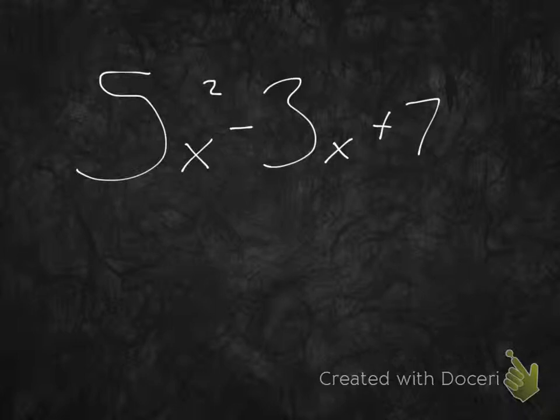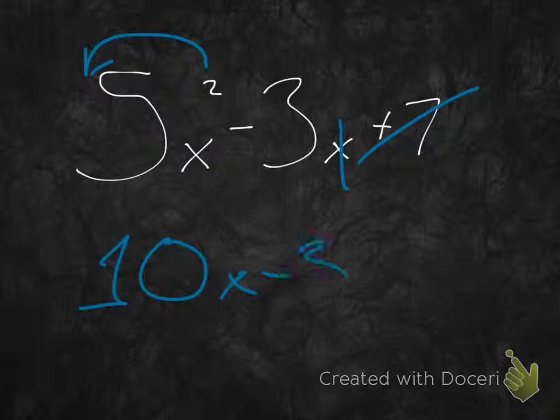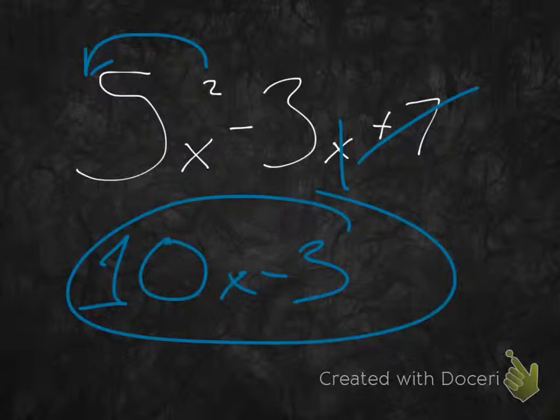Okay, 7's a constant, its derivative is 0. Minus 3x, well, x just goes away because it's a constant times a function, and x prime is always 1. This 2 is going to come down and be multiplied by 5, so I'm just going to get 10x minus 3. That's how long it takes.